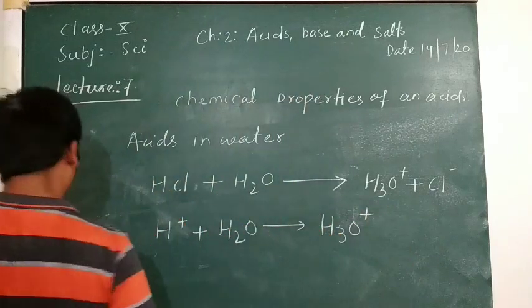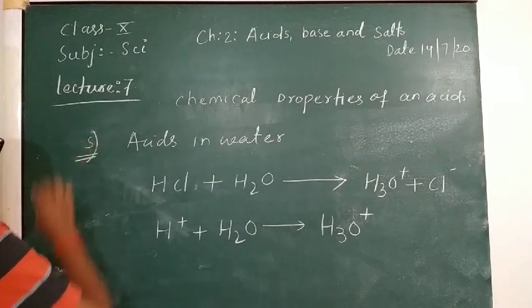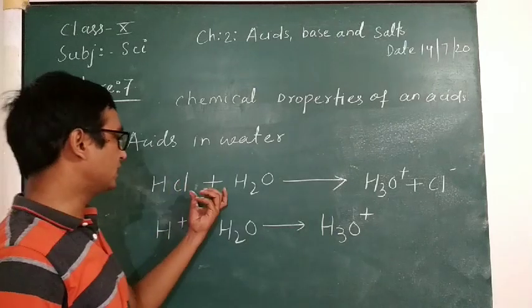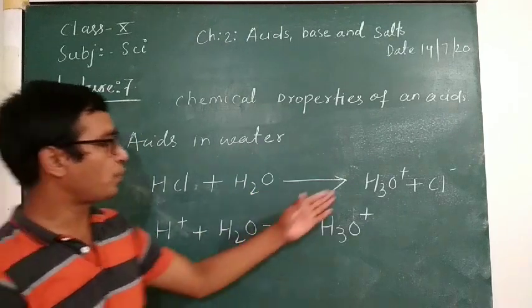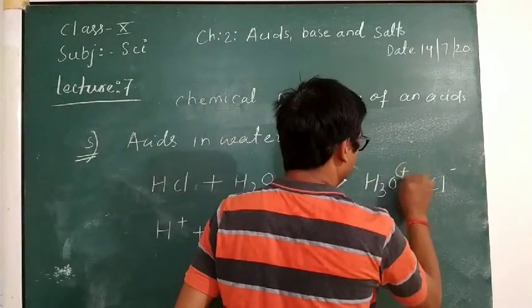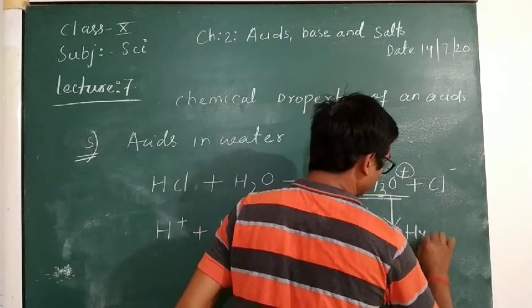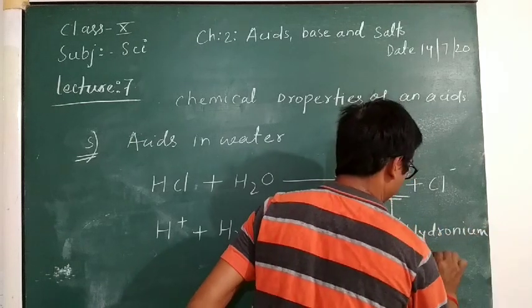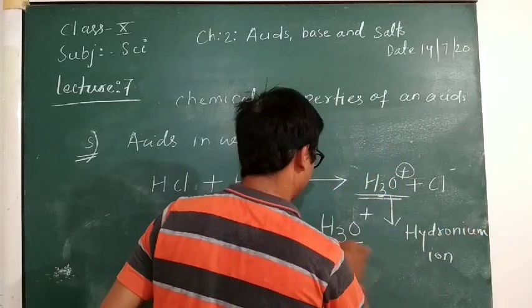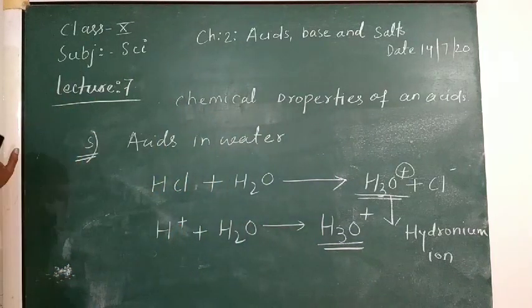So this is all about the fifth property of acid. So acid reacts in presence of water as aqueous solution to produce hydronium. This is called a hydronium ion. Okay. So this is all about the properties of acid.